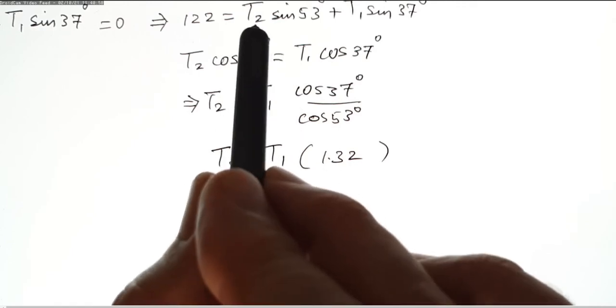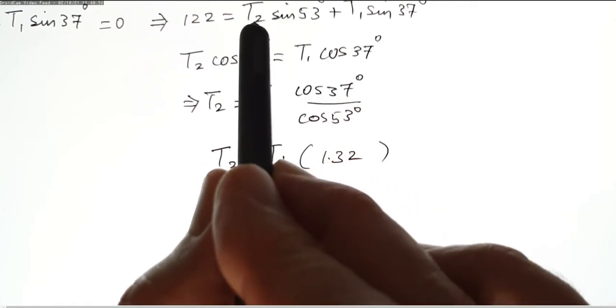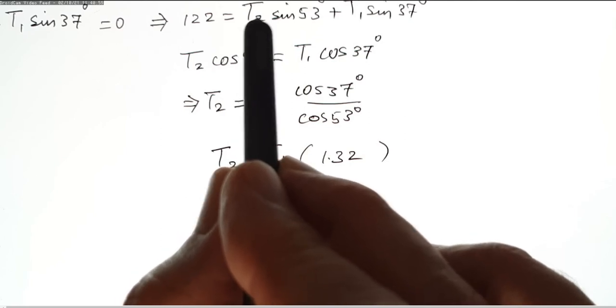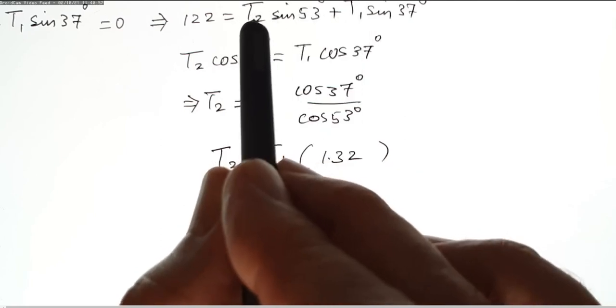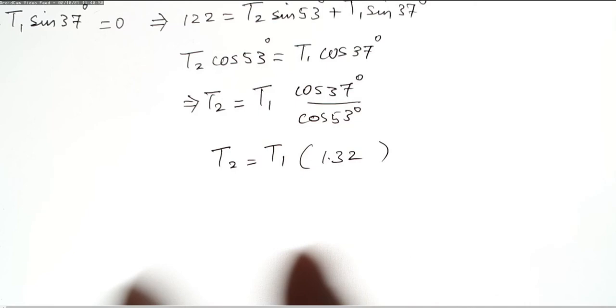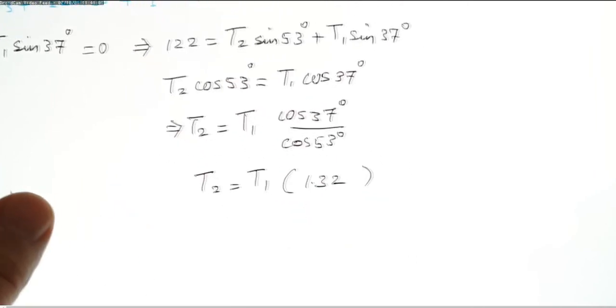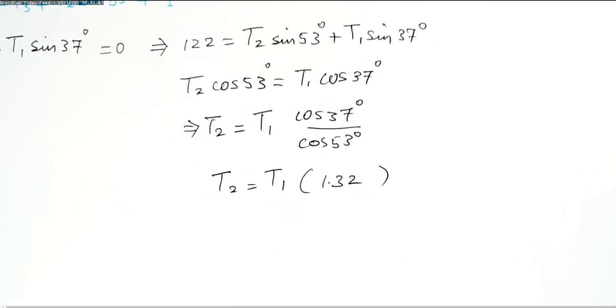Now I go back to the other equation and replace T2 and keep T1, so I end up in this equation with only one unknown. It is 1.32 or 1.33 depending on rounding. Maybe 1.33. No big deal.